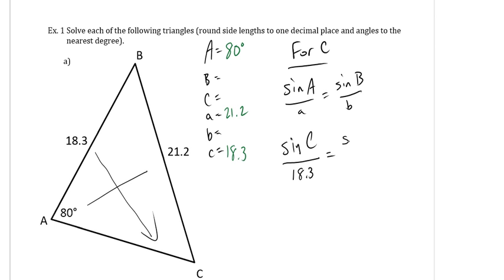And I'm subbing A in for B: sine 80 over 21.2. I think that's a really good thing to understand. That means your brain is working abstractly the way we want it to, but it can be tricky for some people. Rearrange, and solve. I'm going to run out of room here.